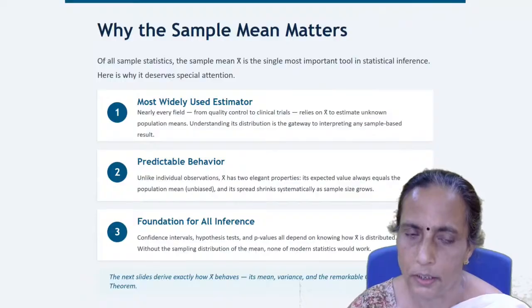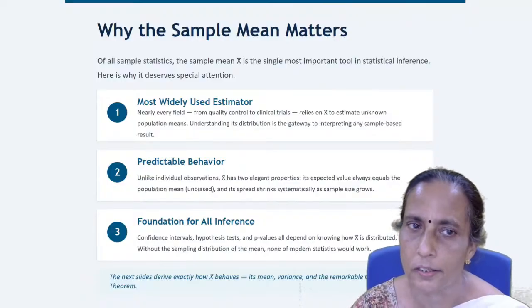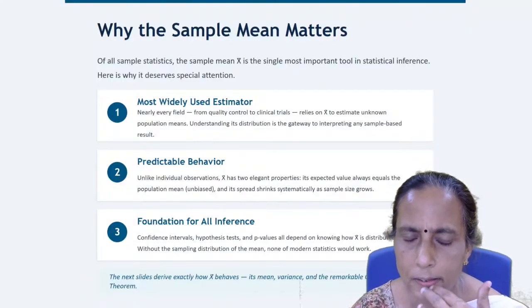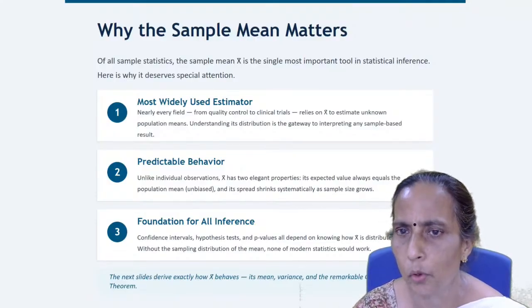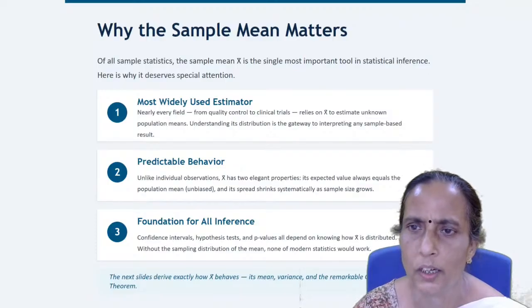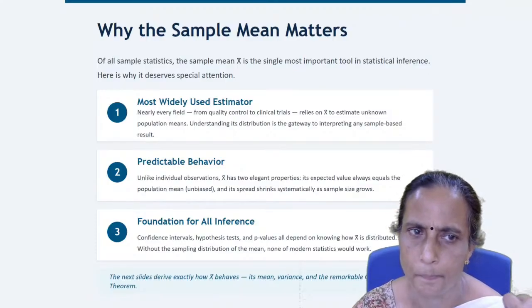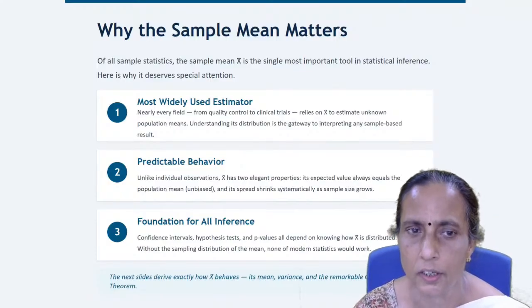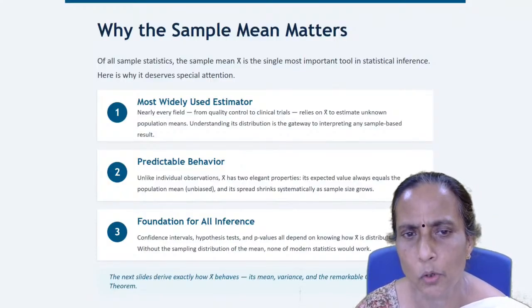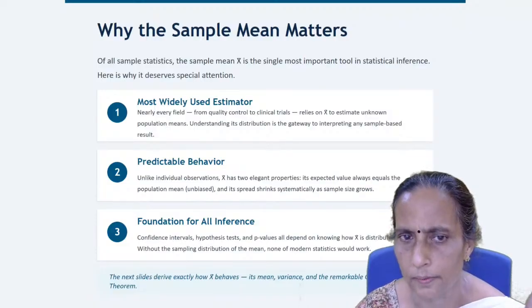So why does the sample mean matter? Of all sample statistics, the sample mean is the single most important tool in statistical inference. Here is why it deserves special attention: it is the most widely used estimator.